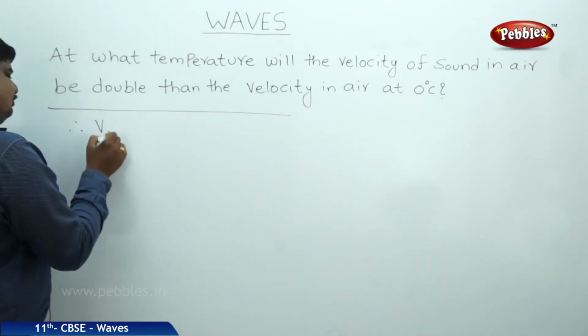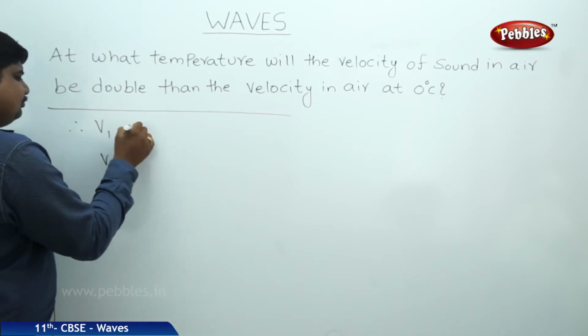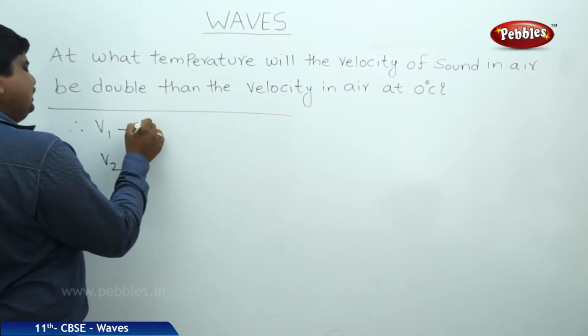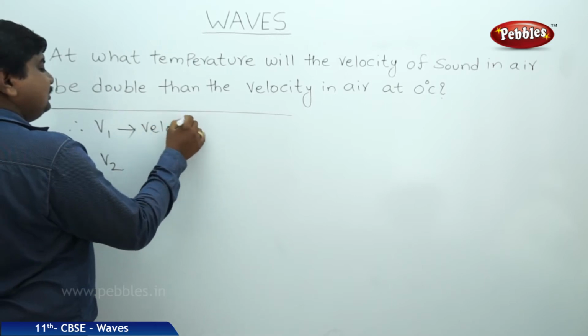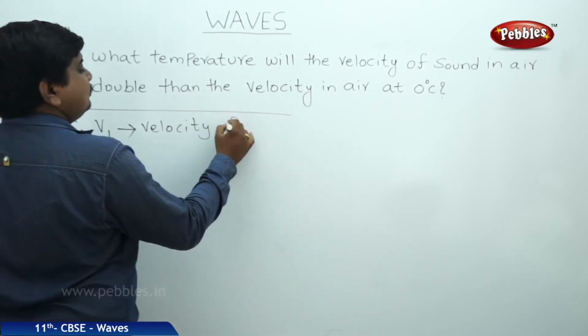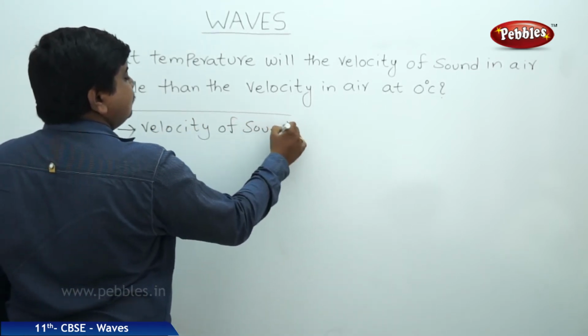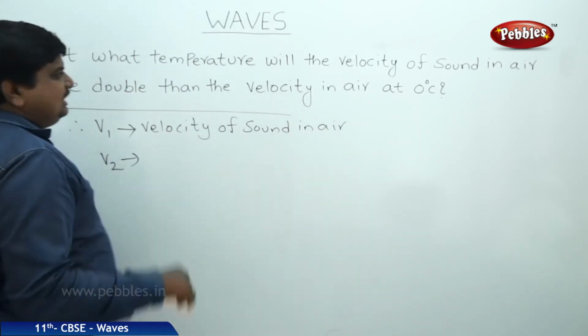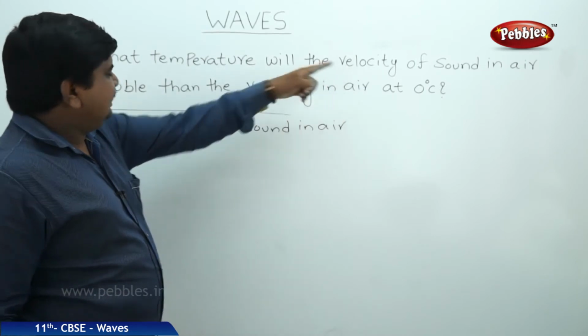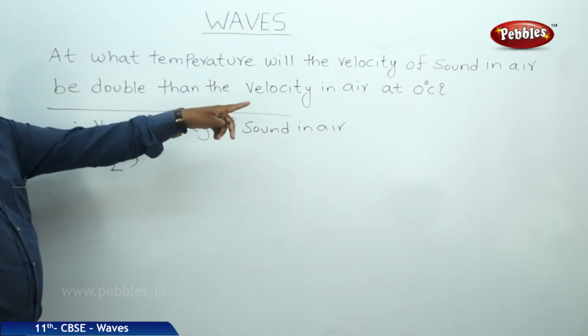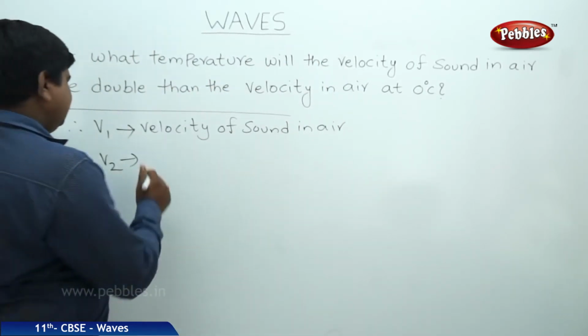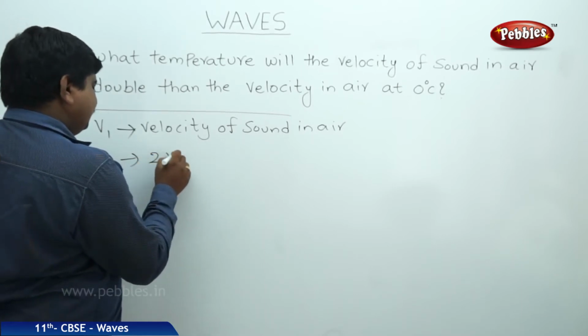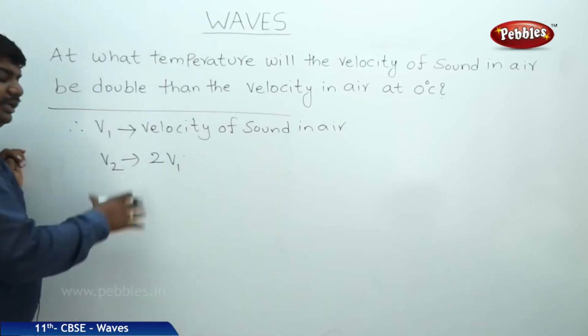We know V1, V2. Let us say V1 is the velocity in air. We want the velocity of sound in air to be double the velocity in air at 0 degrees Celsius. That means V2 should become 2V1. What is the corresponding temperature?